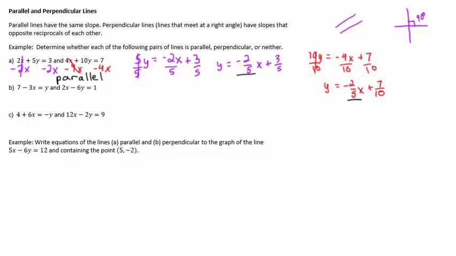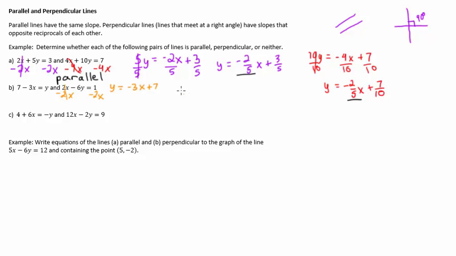And so you go through the same kind of process on B and C. This first equation on B is actually trying to trick us. That's actually in y-intercept form. So if I just rearrange it, I have y equals negative 3x plus 7. The second one, though, we do need to move stuff around.